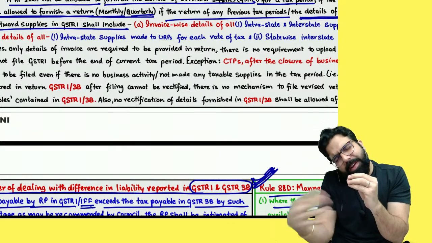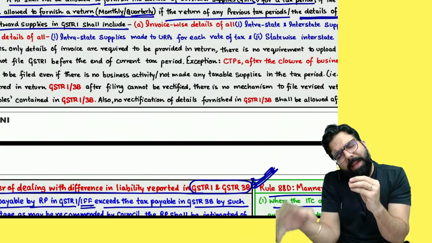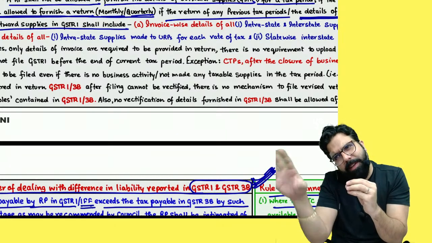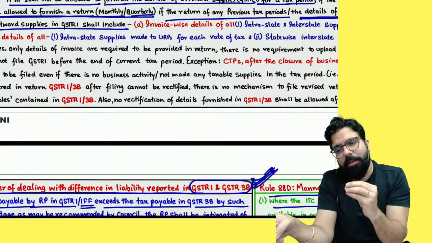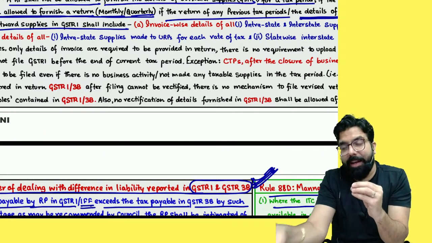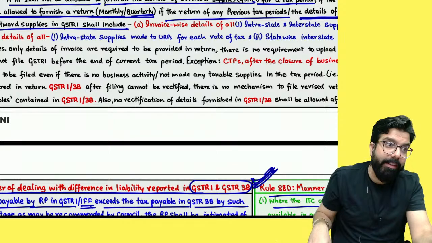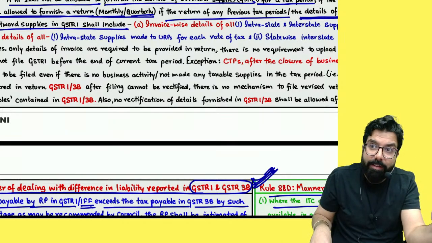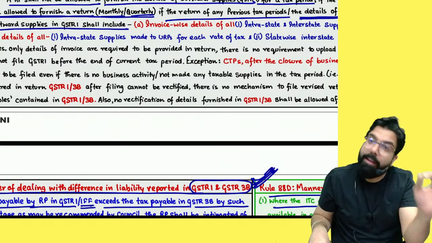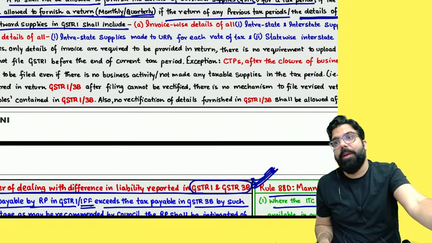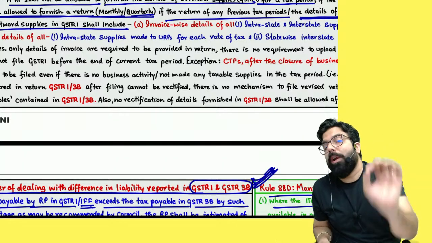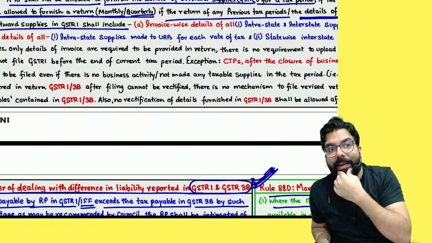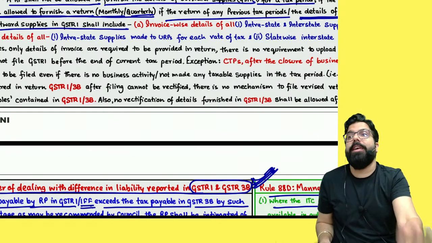Yes. But if it is interstate, state wise, for each rate of tax, consolidated details can be given. What about value of supply more than 2.5 lakh? For that, invoice wise details have to be given.